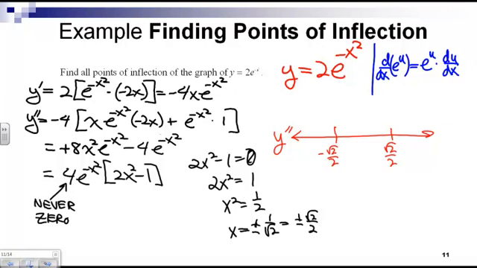And now I ask, what kind of signs do we have in those different intervals? Well, let's do the easy one. How about at 0? I take the 0 and put it into the expression for y double prime, and I get a negative there, and this thing's always positive, so positive times negative gives negative.